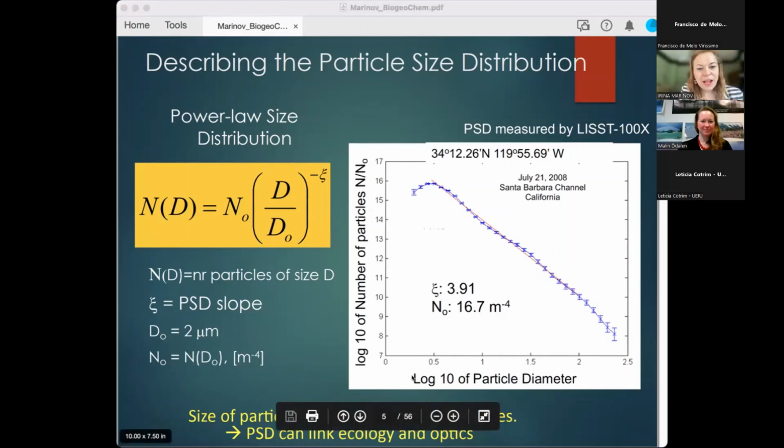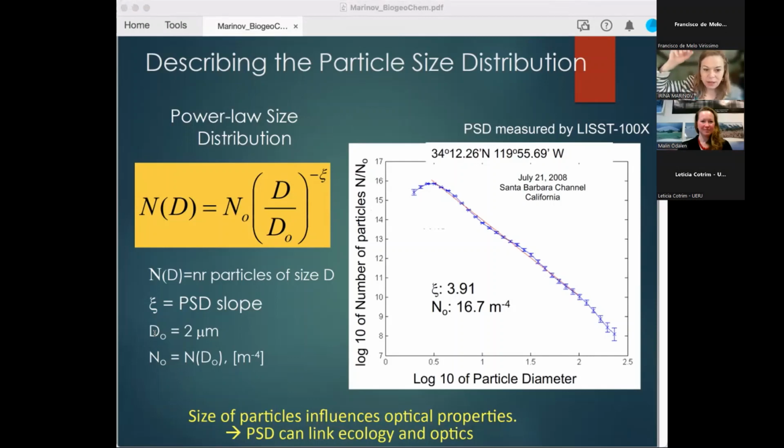Now, the trick here is that this particle size distribution can be determined from either backscattering or light absorption. And why is that? Because the size of the particles determines how much a particle backscatters light coming in, or conversely, how much light it absorbs.